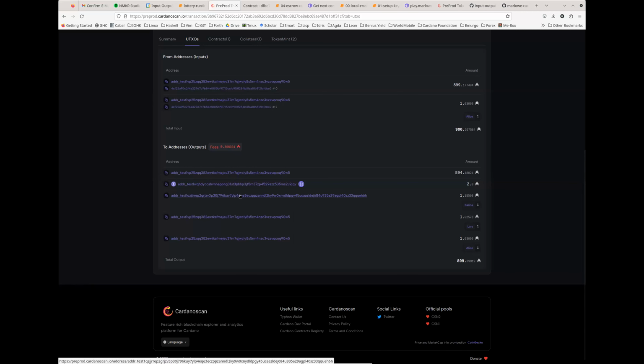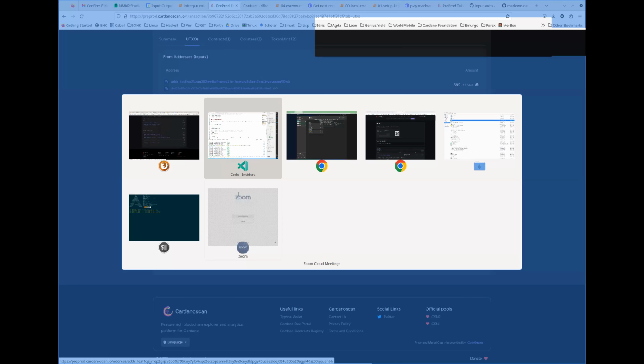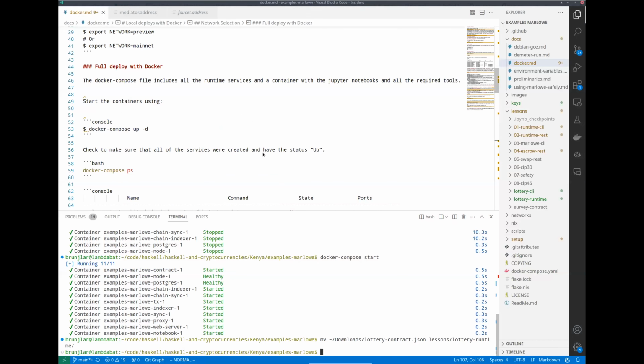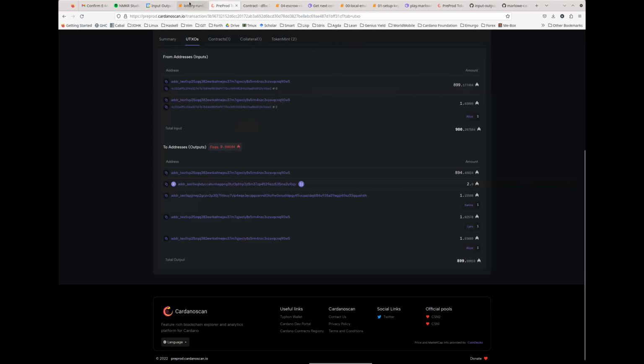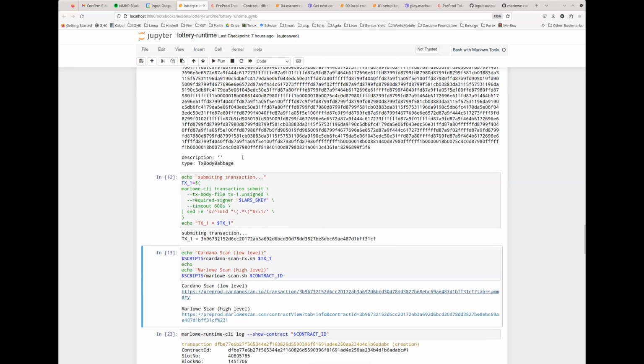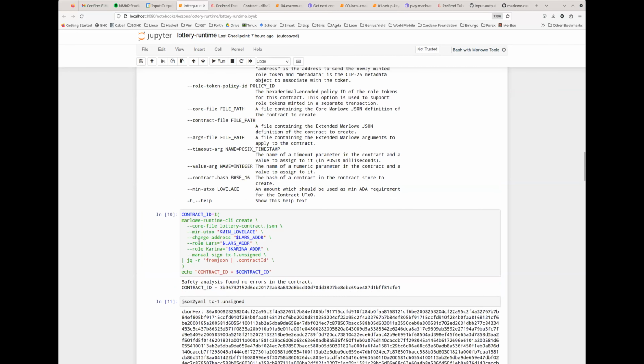We talked about these role tokens, the NFTs. When I called Marlowe runtime create, I specified that role Lars should be taken by my address and role Karina by Karina's address.